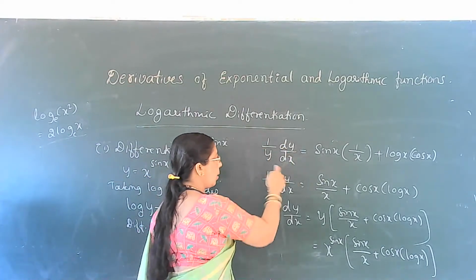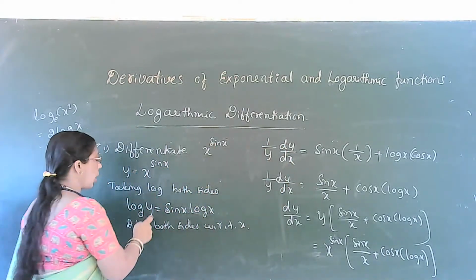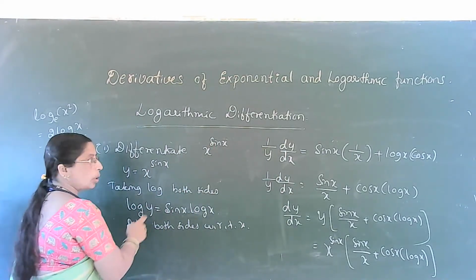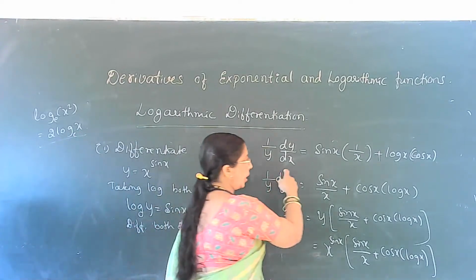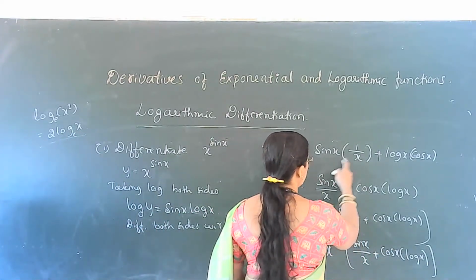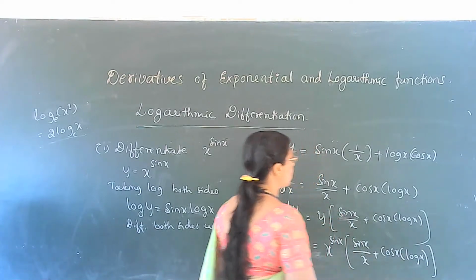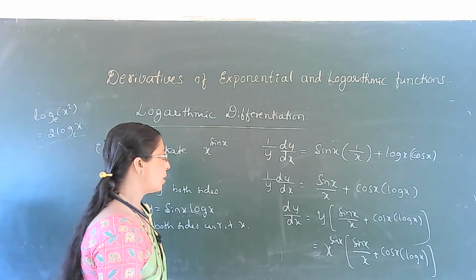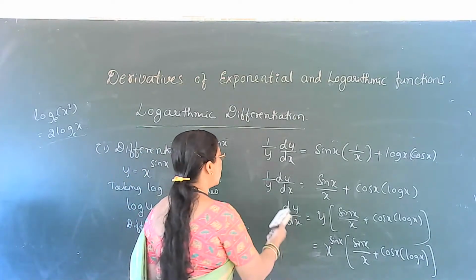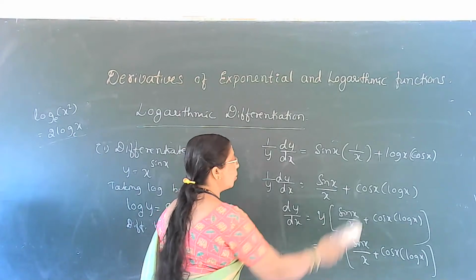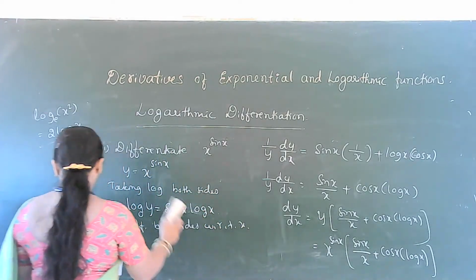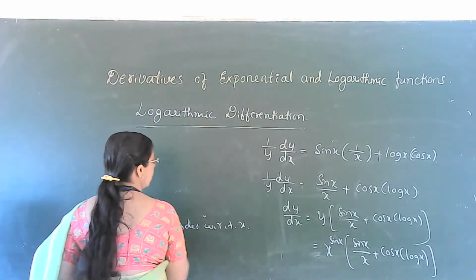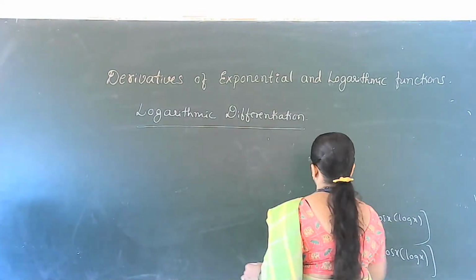We get 1 by y into dy by dx, because the derivative of log y with respect to x is 1 by y into dy by dx, is equal to sin x into 1 by x plus log x into cos x. So dy by dx is equal to y into this one. You can find the derivative of one more problem, then I will take it in the next class.